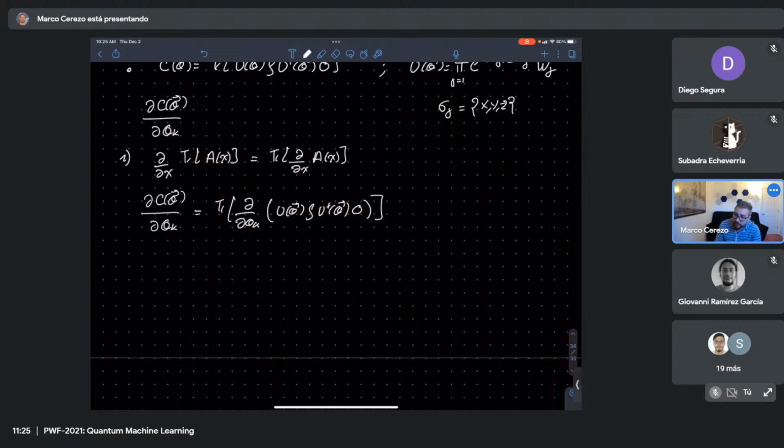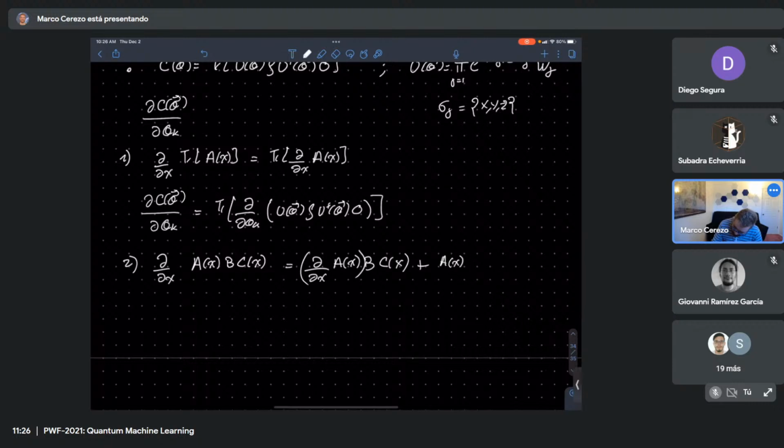The next thing that we should do is, okay, we're going to take the partial derivative of a function of a matrix multiplication, right? And here we have multiple things. So you have U rho, and U dagger also depends on theta, right? So we have two functions that depend on theta here. So the second thing that you need to do is the partial derivative with respect to x of A(x) B C(x), and then we just apply the product rule. That's nothing but what we have to do.